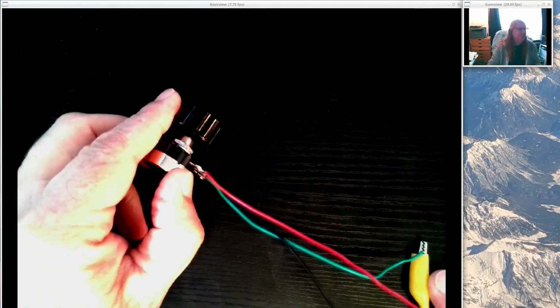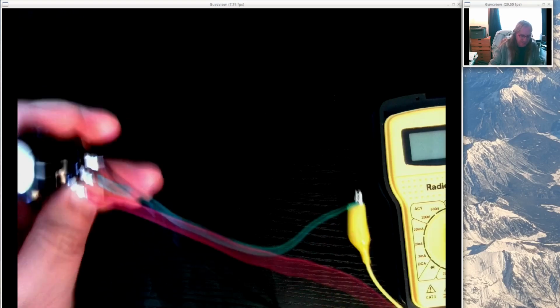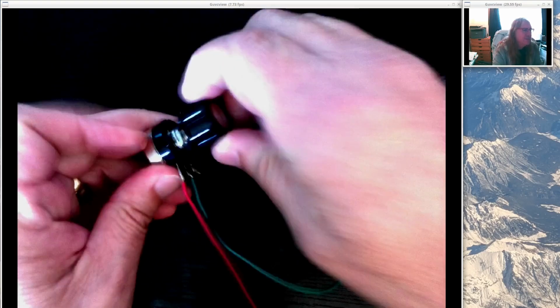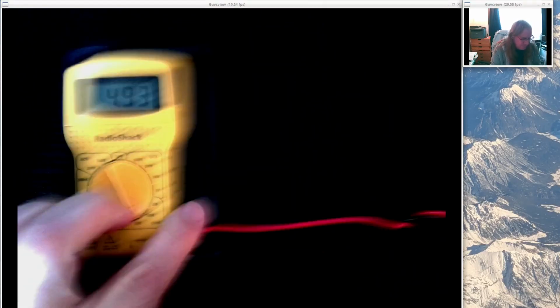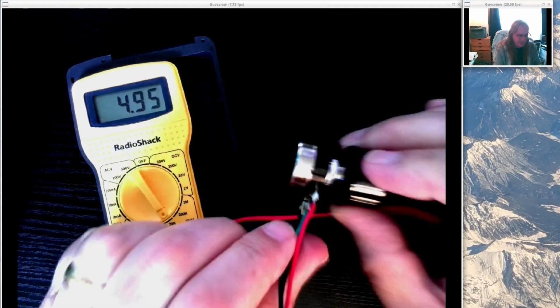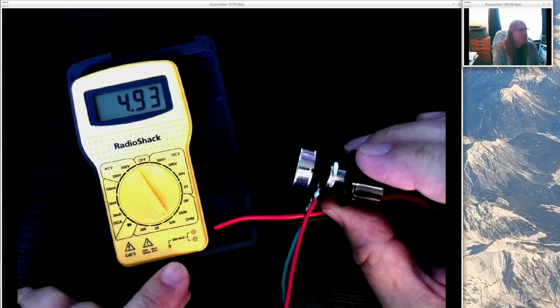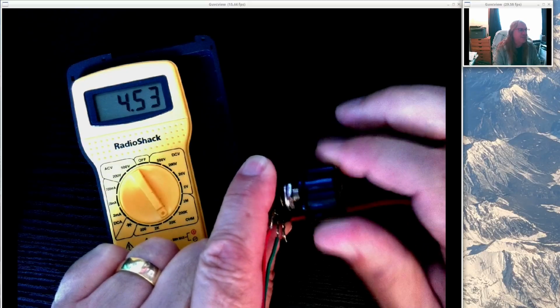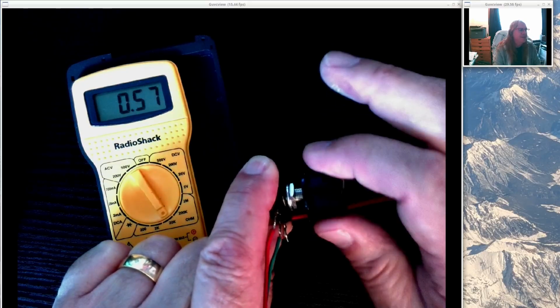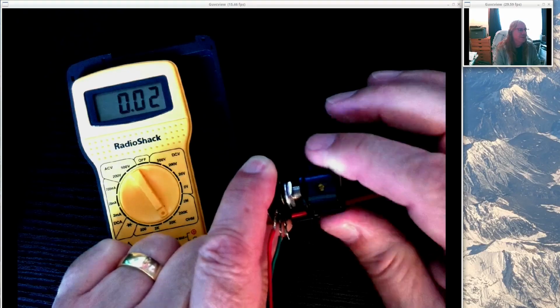So how are we going to make an electric version of this? My idea was, let's just use a variable resistor, a potentiometer, which is a resistor that we can change by turning this knob. So if we hook this up to a multimeter, this is a 5 kilo ohm, so we're on the kilo ohm resistance reading. This is a 5 kilo ohm resistor, and by turning this knob, we can change the resistance from 5 down to 0.